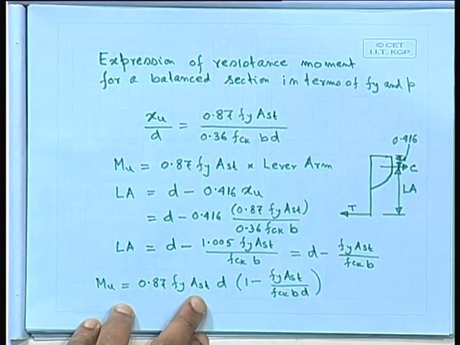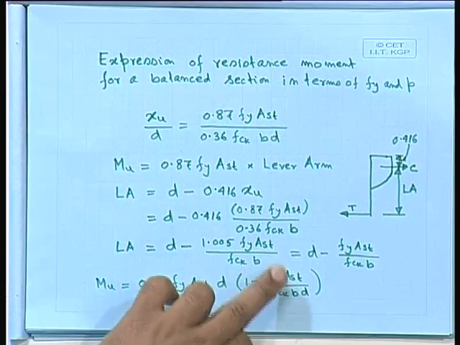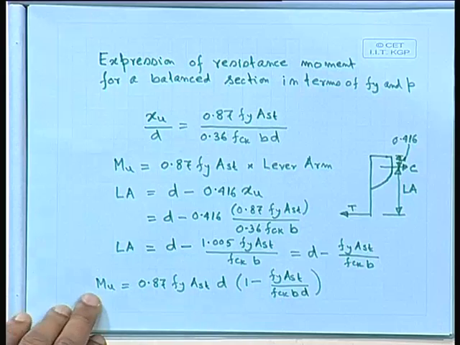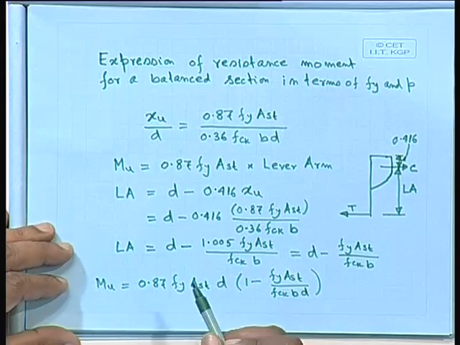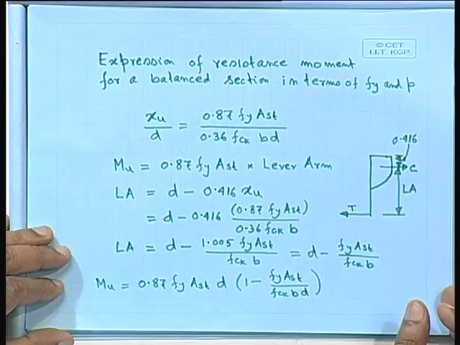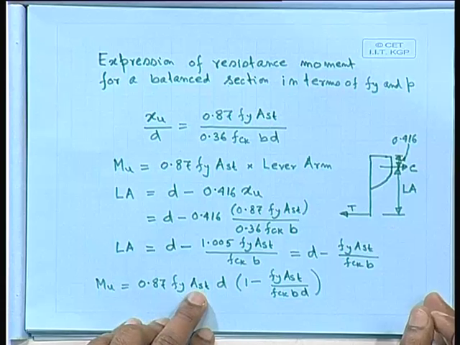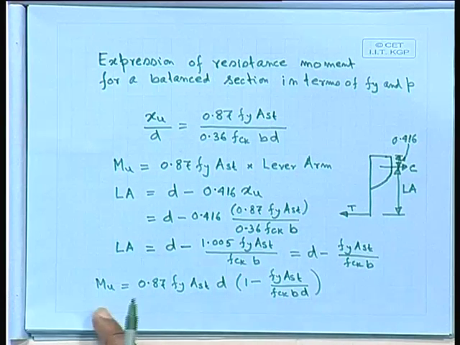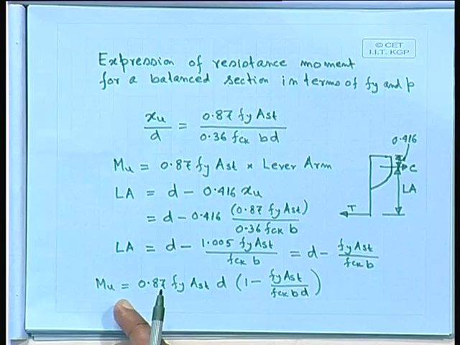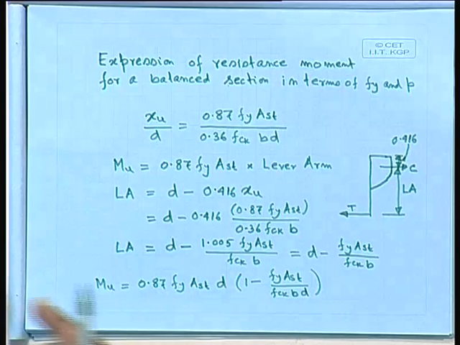Mu, that is the moment of resistance, for a section having area of steel AST, we can get from this formula.